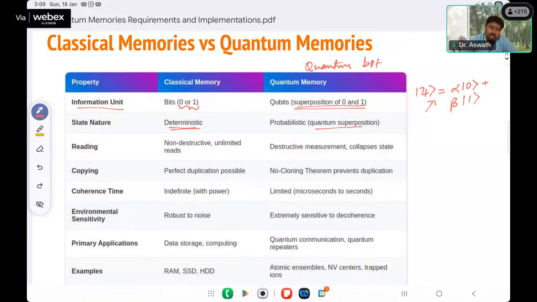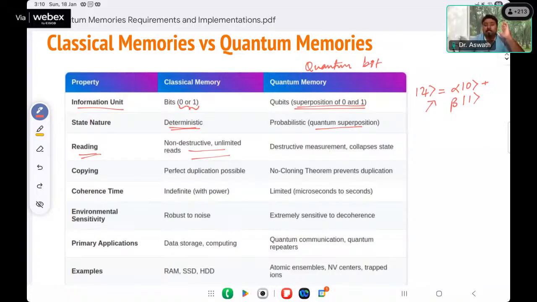So that is about the nature. Let's see now when it comes to reading it. It's a very interesting difference between classical and quantum memory. When I have a classical memory stored somewhere, in a memory location, I can read that location as many times as I want, if I am careful enough, without destroying it.